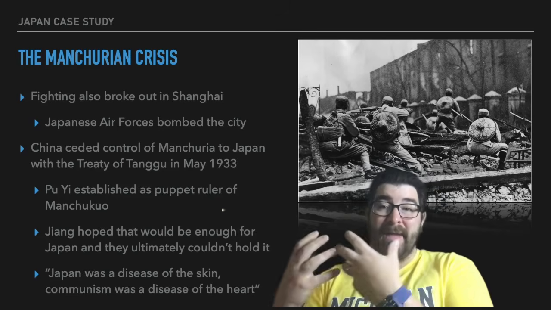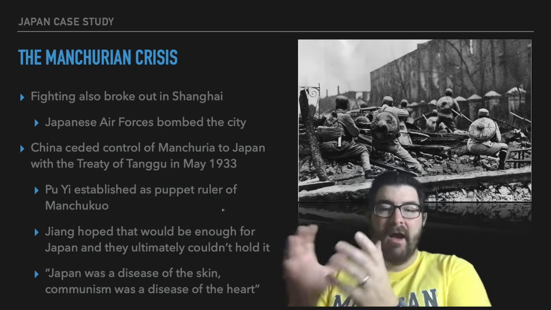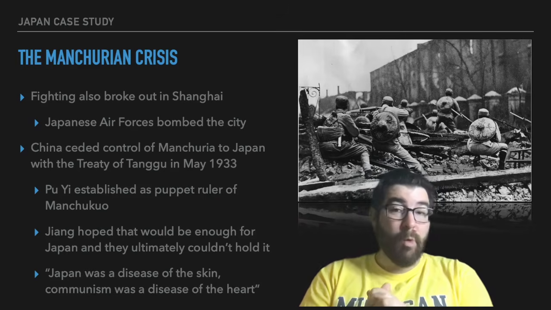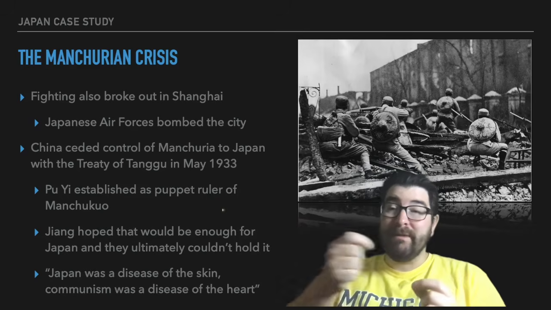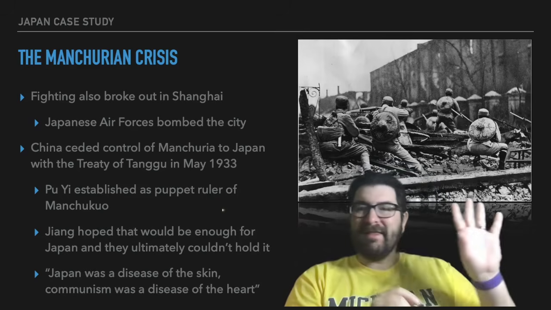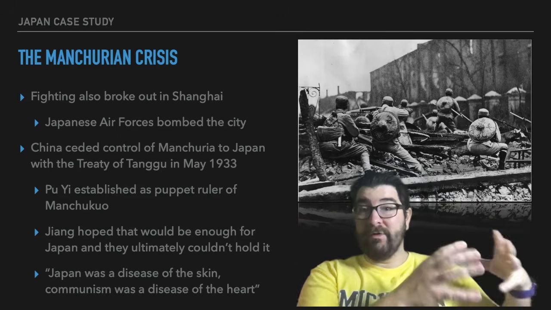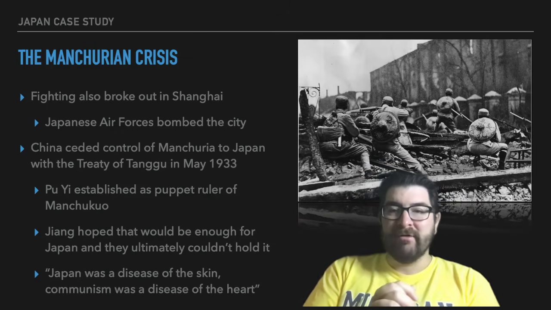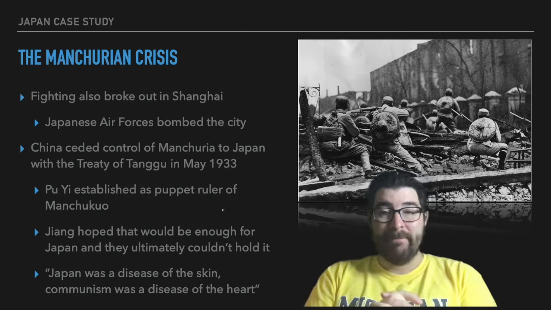This will make Manchuria essentially a puppet state of Japan. It will be renamed Manchukuo, which takes on a Japanese name. Puyi will be placed as the emperor of Manchukuo. Puyi was the last Qing dynasty emperor. He was a young boy when he was the emperor of China, and he's going to be put in charge of this puppet government in Manchuria by the Japanese.